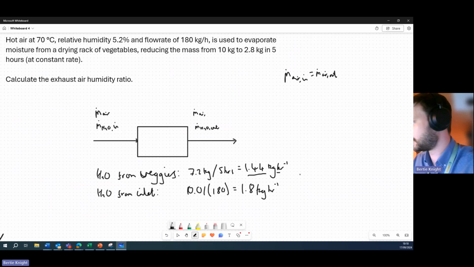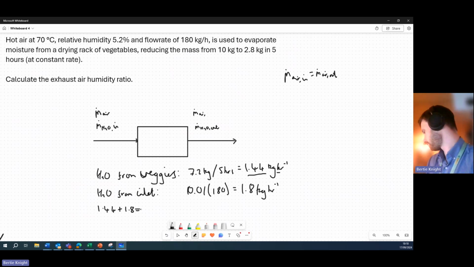And when I add them together, 1.44 plus 1.8 gives 3.24 kilograms per hour. So we understand now that this is equal to 1.8, and this is equal to 3.24.